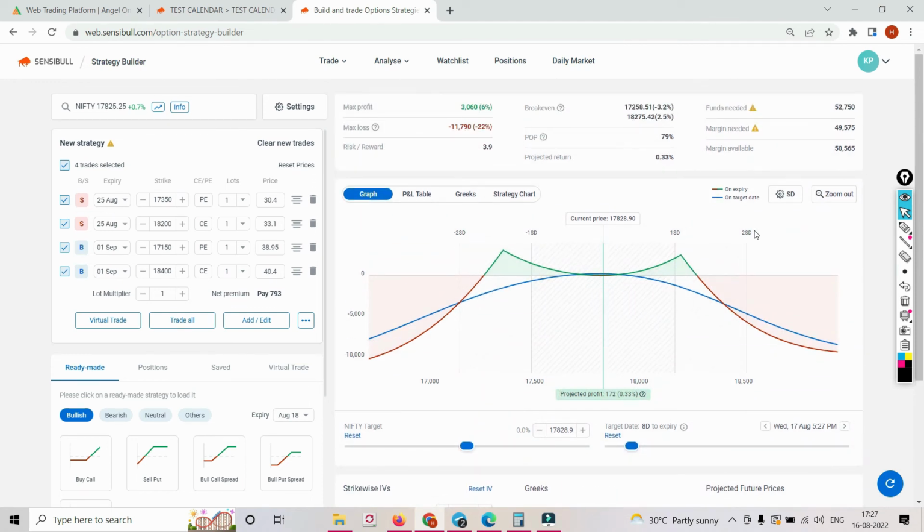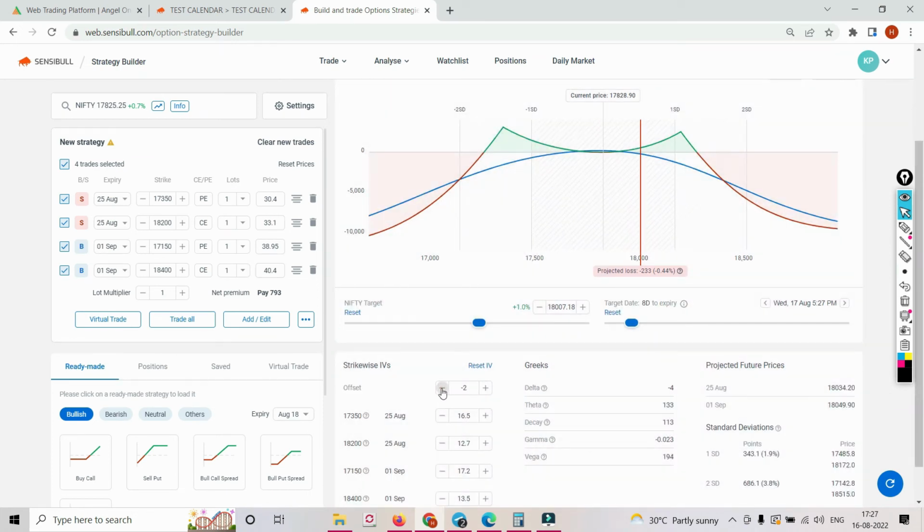I think I've already discussed this in one of my Sunday videos, but again I'll repeat. Let's say I've deployed this trade on Tuesday. On the Tuesday itself, if the market has given you a 1% upside movement, your blue line is not safe, right? What will happen?